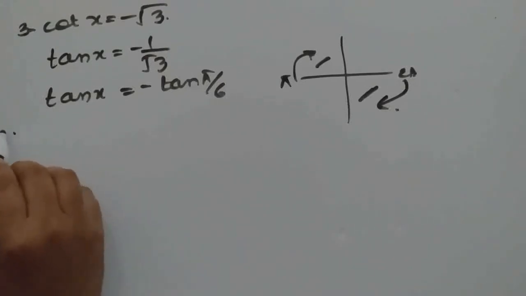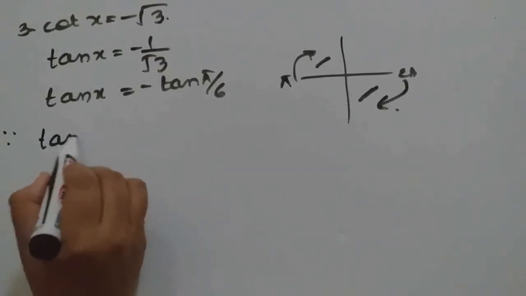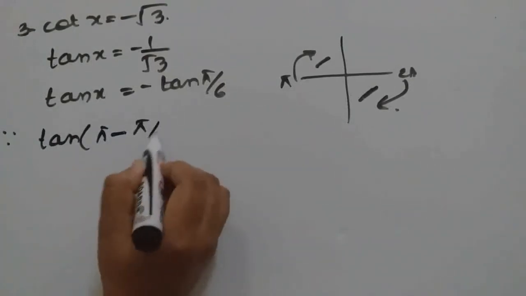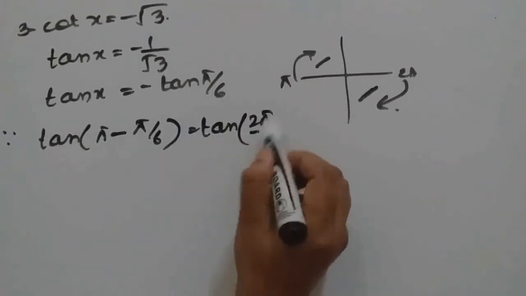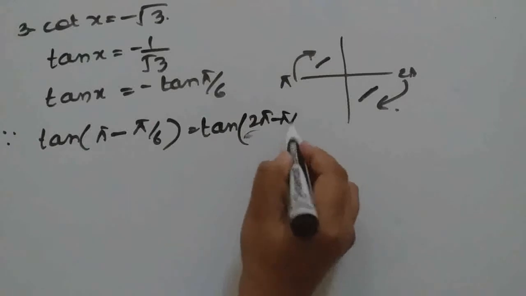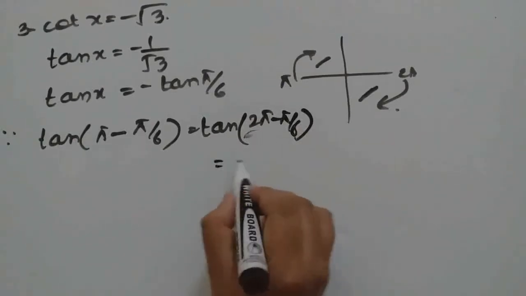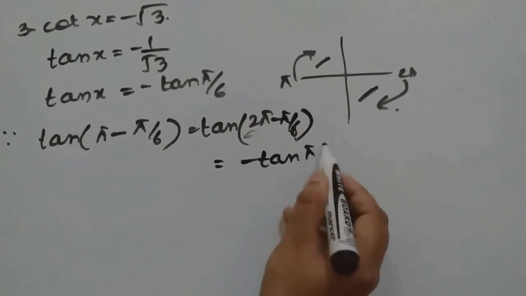We know tan of pi minus pi by 6 is equal to tan of 2 pi minus pi by 6, which is equal to minus tan pi by 6.